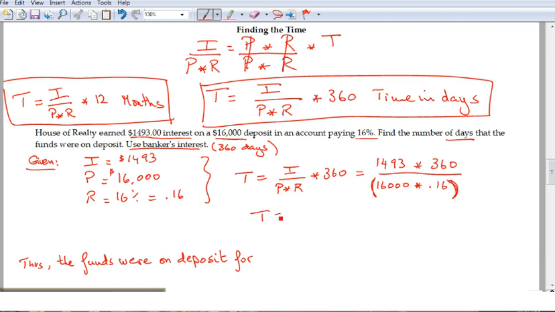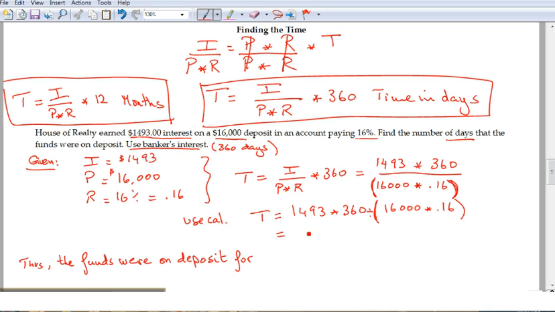So for the time, using a calculator, this is how you use it. I'm going to enter 14.93 times 360, divide, open a parenthesis, 16,000 times 0.16, and close the parenthesis.